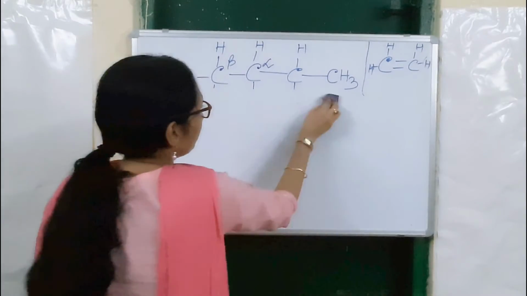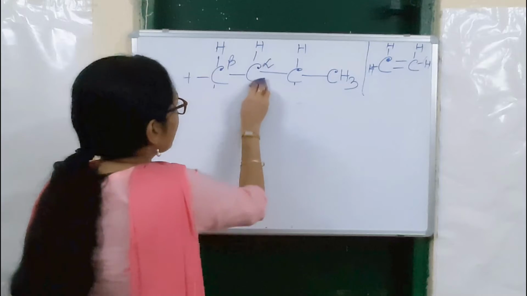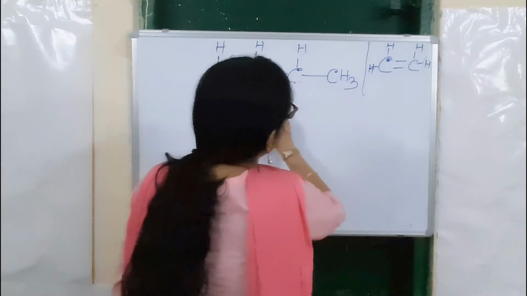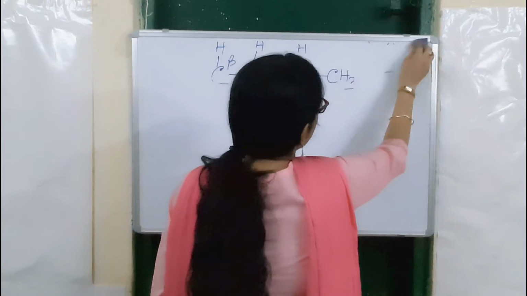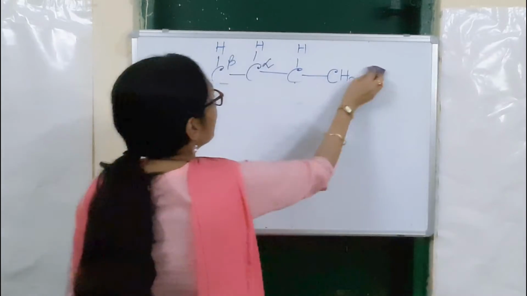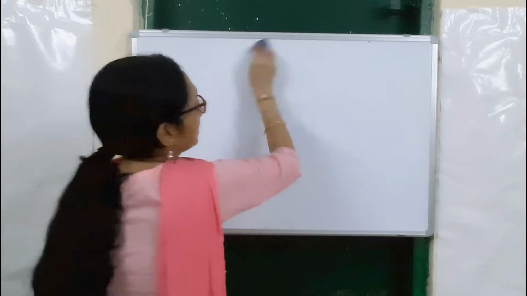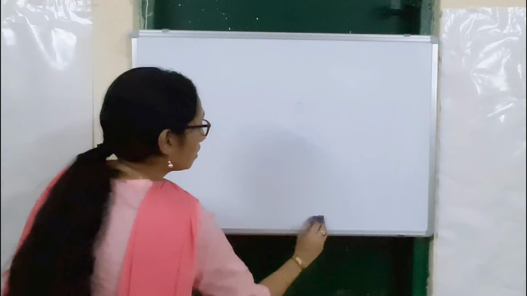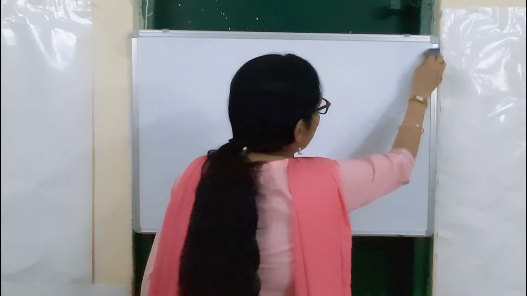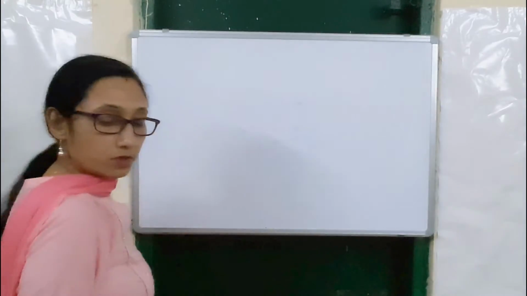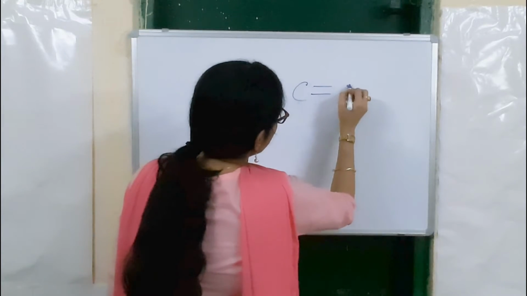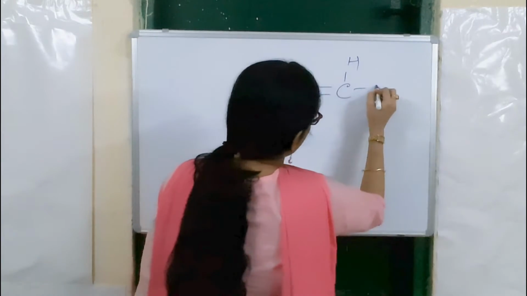Because in case of but-2-ene, you will see that the terminal carbons attached to the double bond are attached to 2 different groups. But in case of but-1-ene, the terminal carbon of the double bond is attached to the same group. So but-2-ene will exhibit geometrical isomerism.